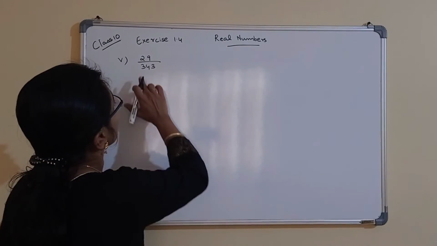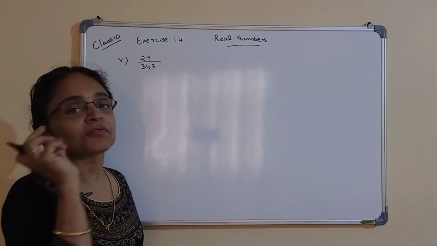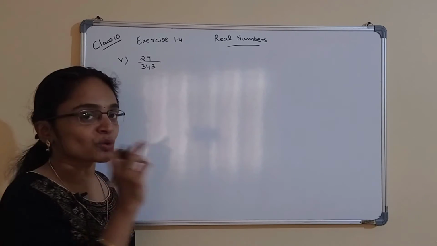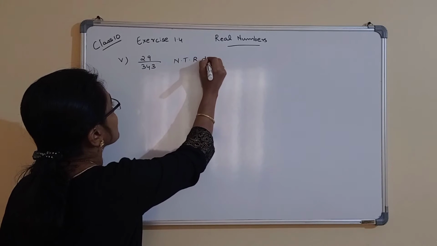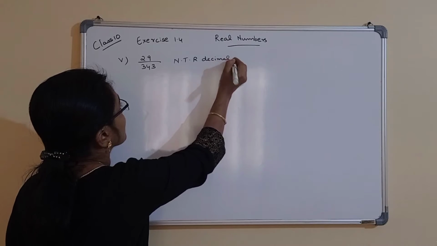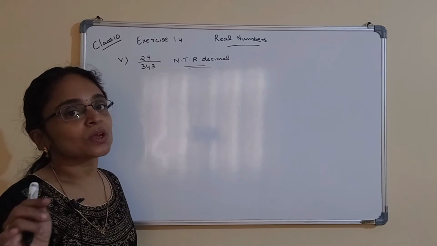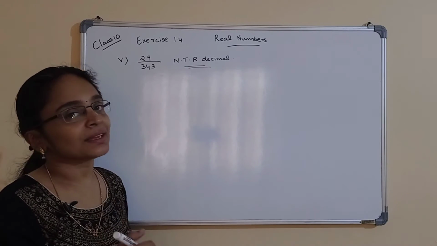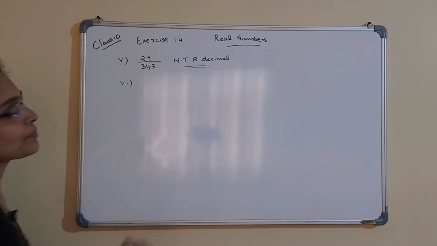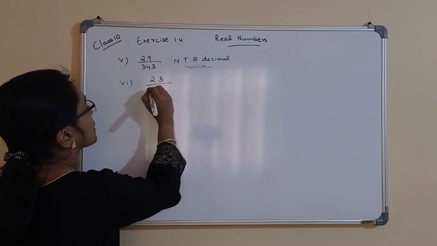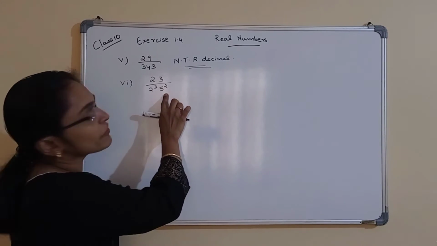Next one, 29 by 343. 2 is not a factor in this and 5 is not a factor in this. And there are no common factors also. So this is a non-terminating repeating decimal. Now the next one is the sixth one, 23 by 2 cubed into 5 squared.